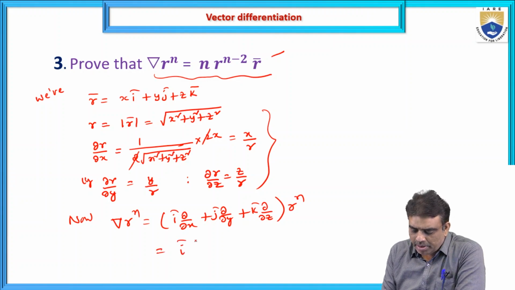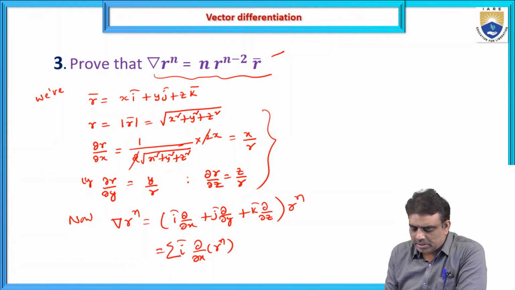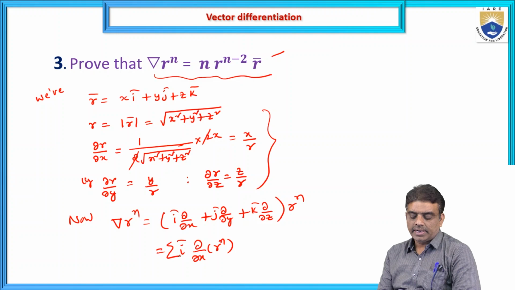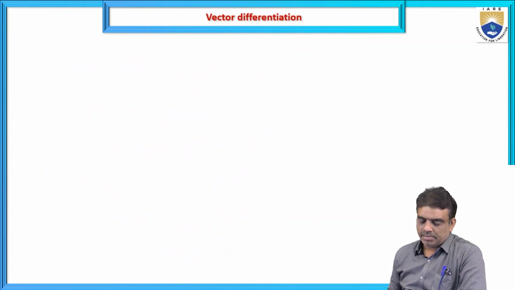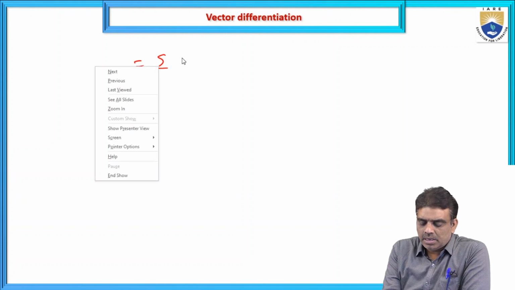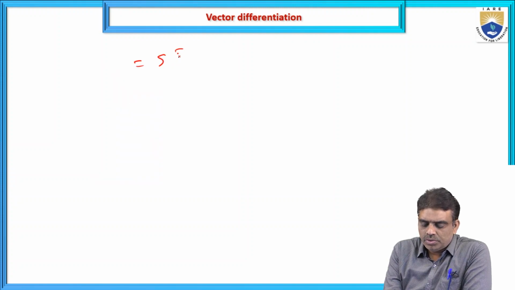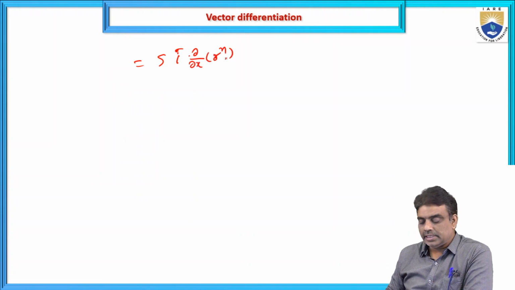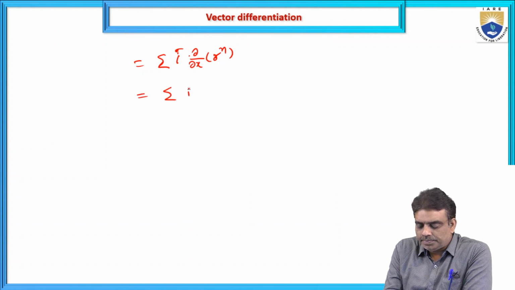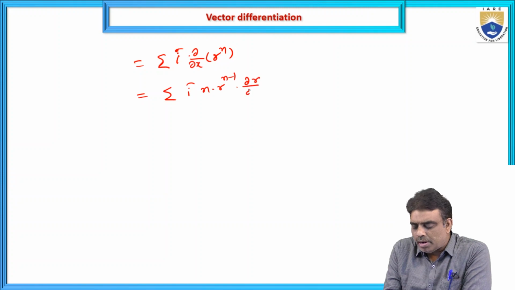Instead of writing all three terms, I am writing only one term, that is the summation of i bar into ∂/∂x of r power n, which expands to n into r power n minus 1 into ∂r/∂x.